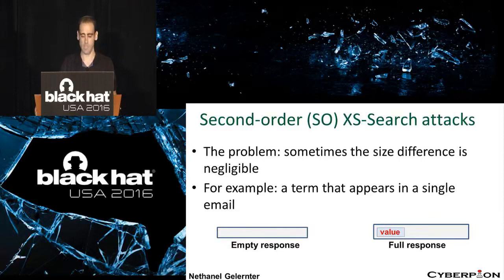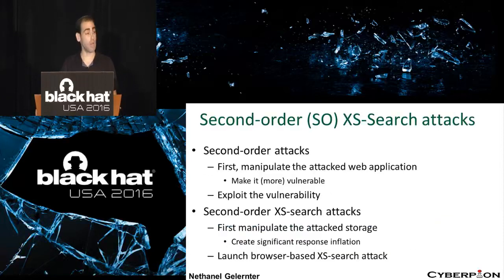So we need something else, and therefore I offer second-order cross-site search attacks. Generally, second-order attacks, second-order cross-site scripting, second-order denial of service, and other second-order attacks have 2 steps. In the first step, the attacker manipulates the account and makes it vulnerable.